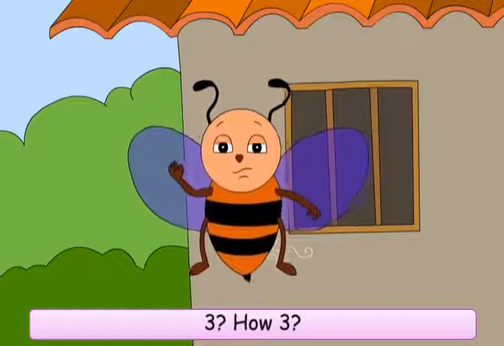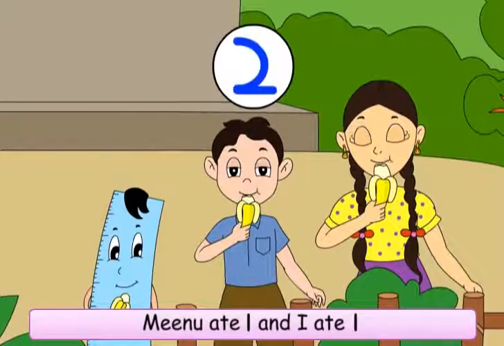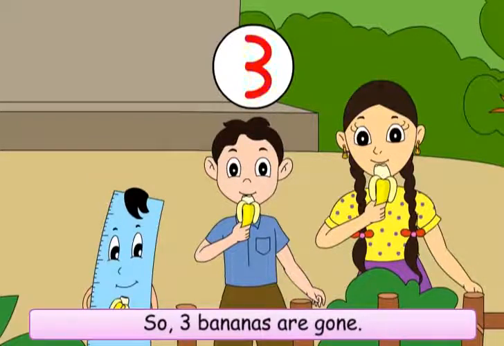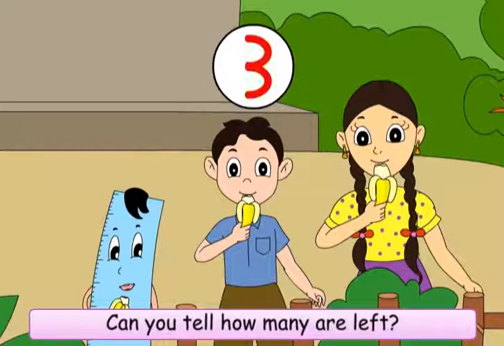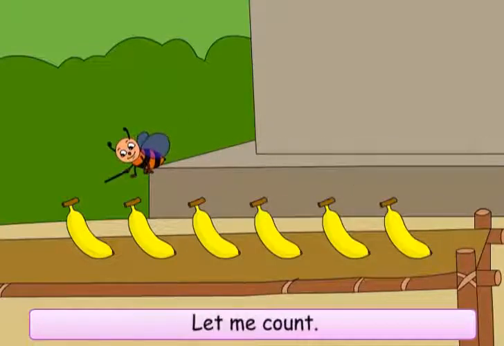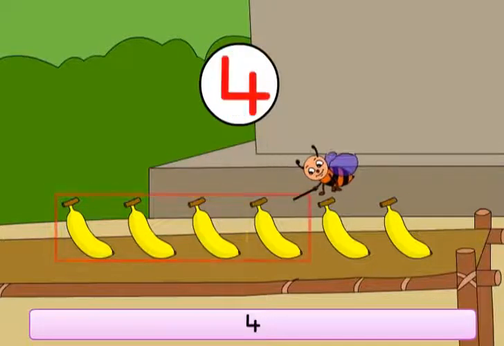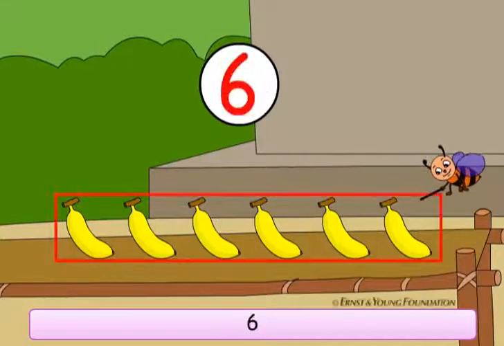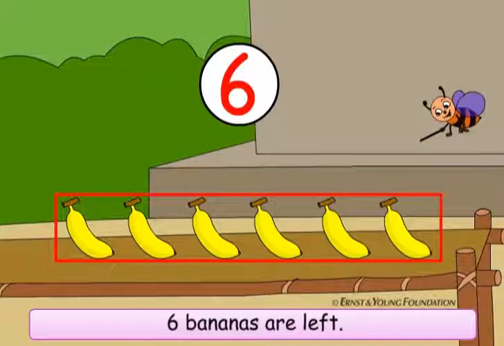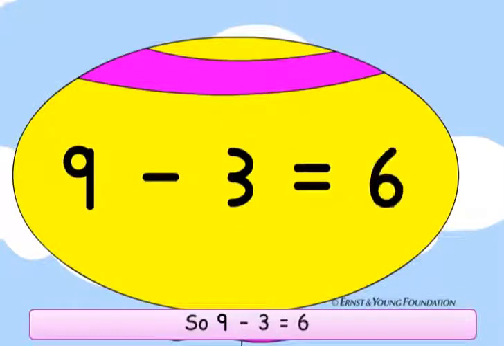How 3? Cheenu ate one, Meenu ate one, and I ate one. So, 3 bananas are gone. Can you tell me how many are left? I can. Let me count. 1, 2, 3, 4, 5, 6. 6 bananas are left. So 9 minus 3 equal to 6.